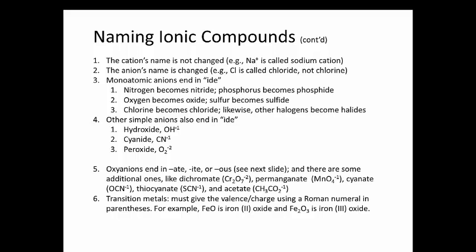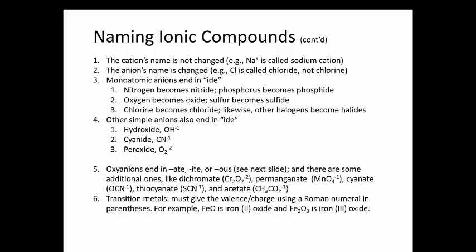Transition metals. When we have a transition metal as a cation, we really don't know what its charge is going to be, except in maybe a few cases where we know that silver is always going to be +1, for example. But in many of the other cases, it's uncertain as to whether or not the charge will be +2, +3, +4, etc. So the rule we use is that we tell each other what the charge is by using a Roman numeral.